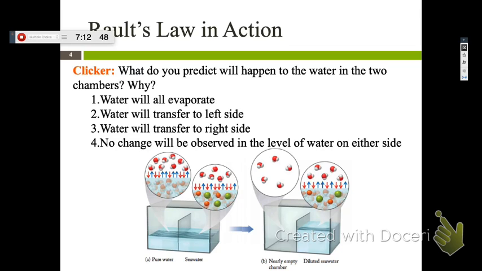Because of the differing rates of evaporation, you have a larger rate of evaporation on the left side than the right, and so you end up with an equilibrium process that is faster to bring molecules in on the right side. This also helps describe why you need a higher boiling point, right? So the increase in boiling point of a solvent is directly related to Raoult's law. You need to have more energy because the surface is blocked by more things in order to increase the boiling point of the solvent or the solution.